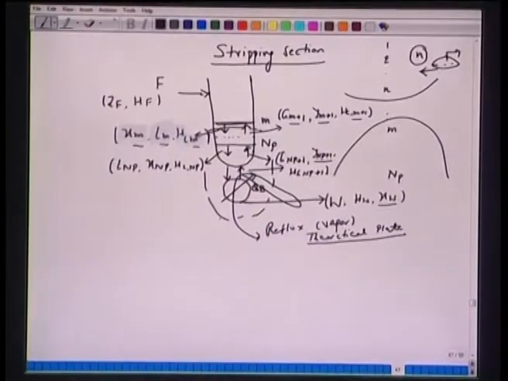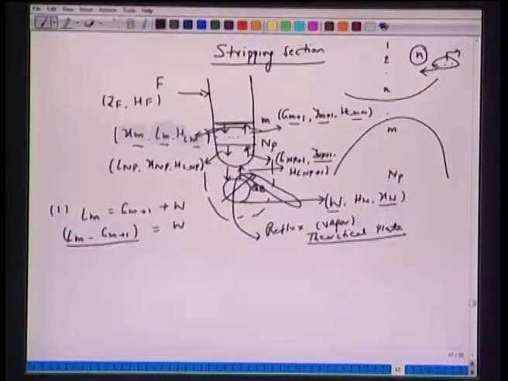So, we can make the three balances. The total molar flow rate balance, which we can write as Lm equals Gm plus 1 plus W. So, Lm is this stream, equal to Gm plus 1 plus W, and we can rearrange to write Lm minus Gm plus 1 equal to W. I can try to make an analogy.